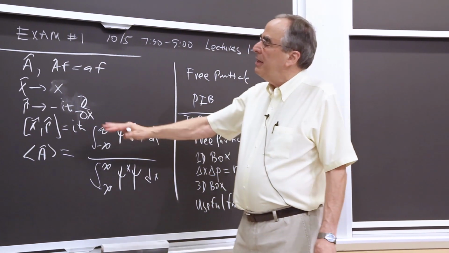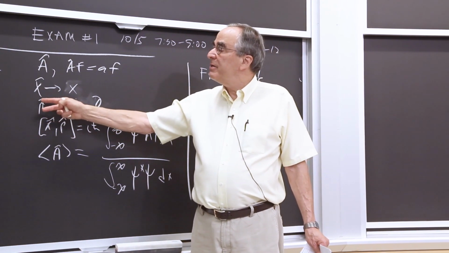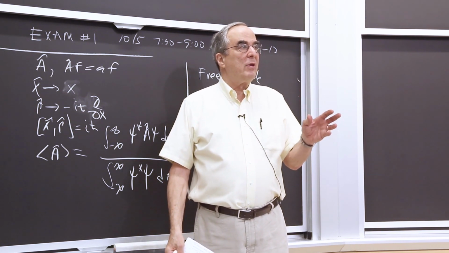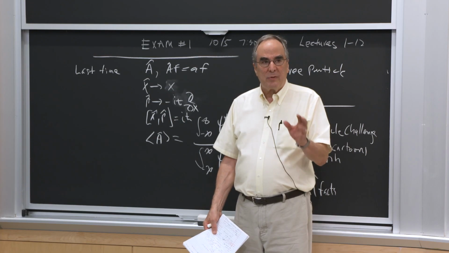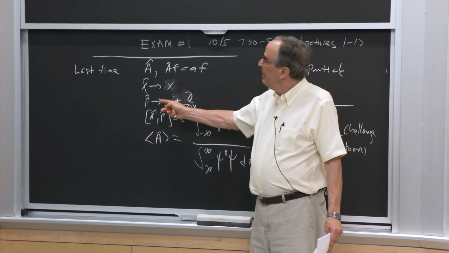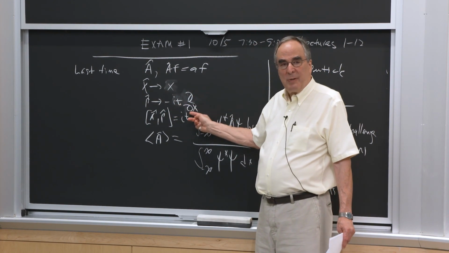Now, one of the important things about quantum mechanics is that we have to find a linear operator that corresponds to the classically observable quantities. For x, the linear operator is x. For the momentum, the linear operator is minus i h bar partial with respect to x.